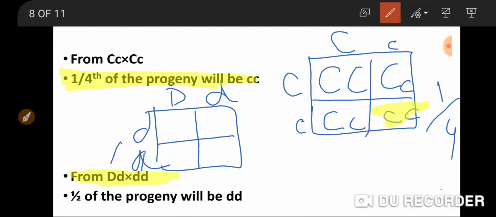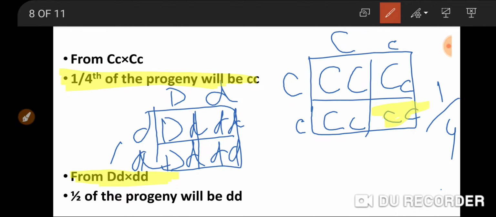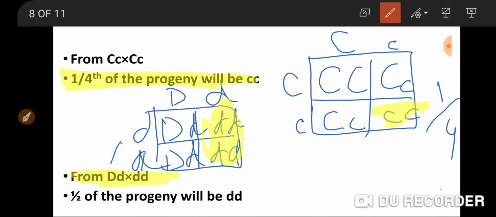And if we cross here, we will get capital D, small d, here small d, small d, and here capital D, small d, and small d, small d. As you can see here from this cross, that is the cross between the fourth gene pair, we are getting two offspring which have the genotype of small d out of the total 4 offspring.